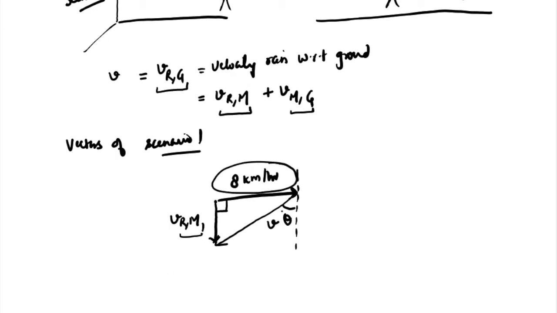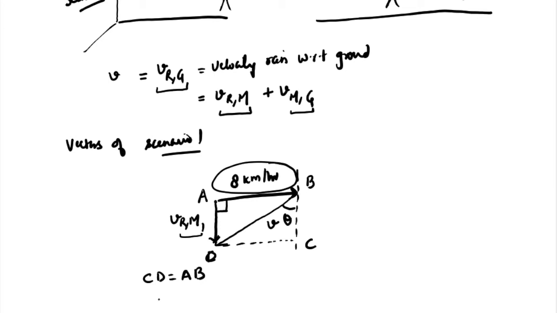Completing this vector diagram like this, let's say this point is A, this point is B, this point is C, and this point is D, then CD is equal to AB in magnitude.